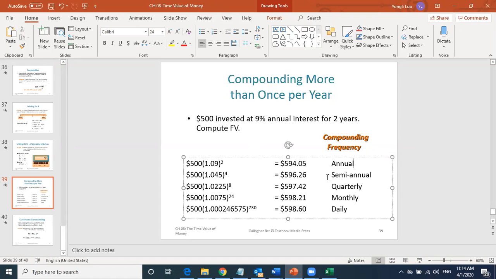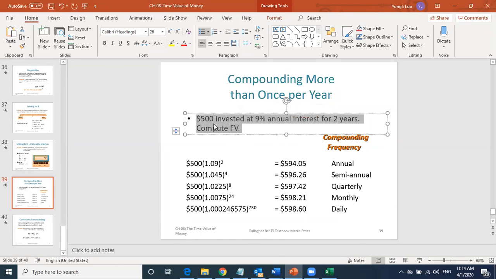If you compound 4 times a year, it is quarterly compounding. 12 times a year is monthly compounding, or 350 days is daily compounding. So let's do this question using semi-annual compounding and see how the result changes.